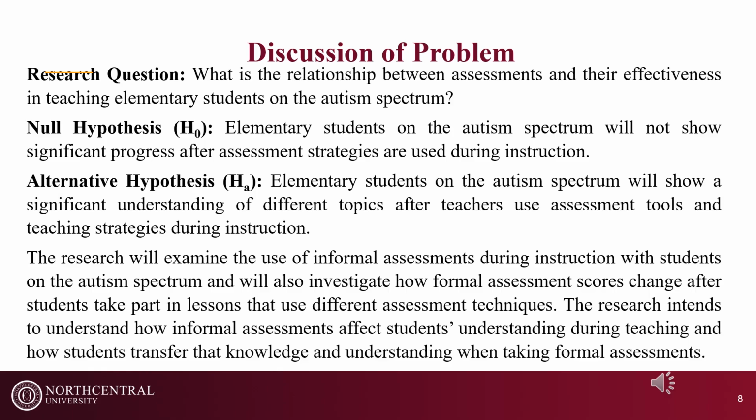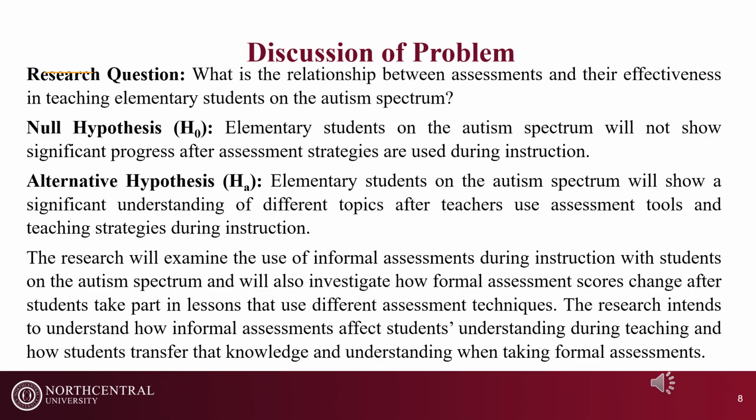The null hypothesis is elementary students on the autism spectrum will not show significant progress after assessment strategies are used during instruction. The alternative hypothesis is elementary students on the autism spectrum will show a significant understanding of different topics after teachers use assessment tools and teaching strategies during instruction.